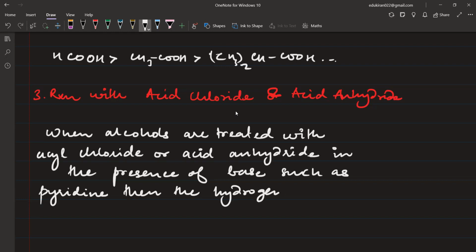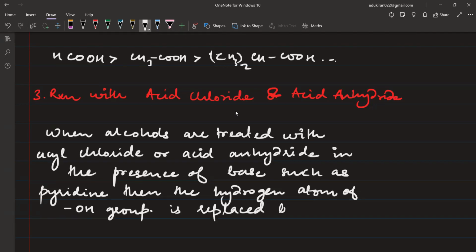then the hydrogen atom of OH group is replaced by RCOO group, or rather RCO group. Also, what is this RCO group?